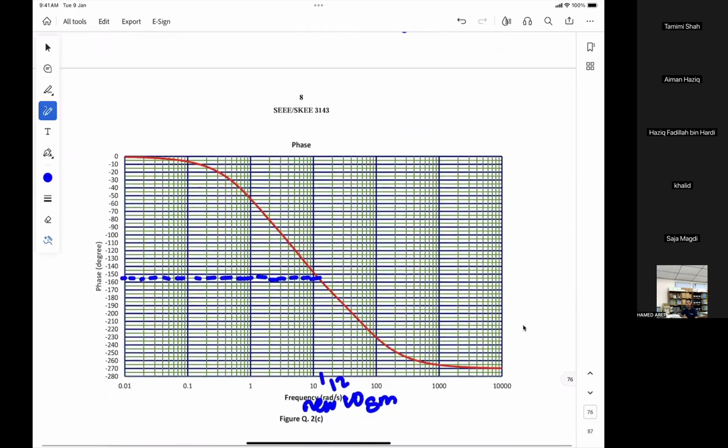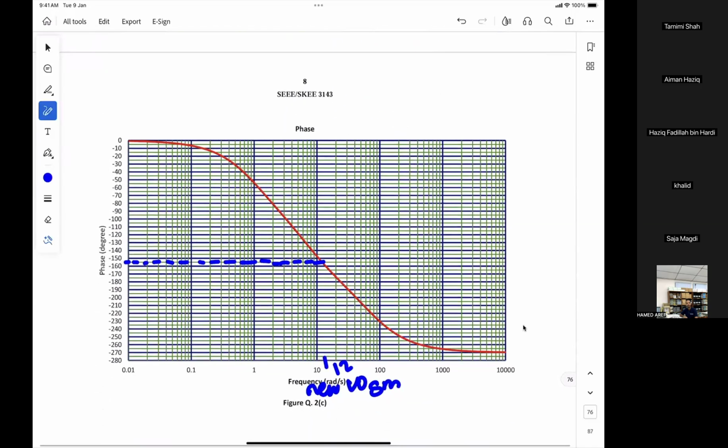The new omega GM that produces 25 degrees. Okay, 25 degrees is 12 radian per second.